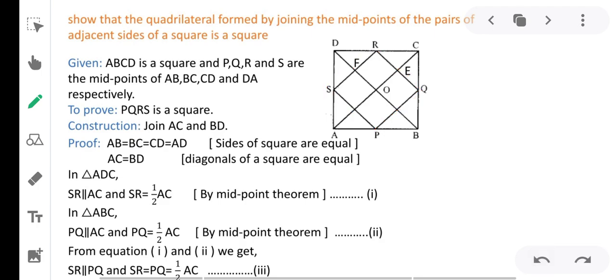We have to prove that PQRS is a square. So there is a construction: join AC and BD, the diagonals of this square. Clear?